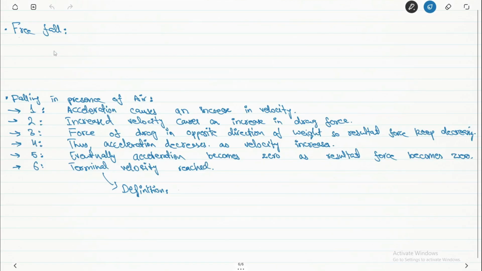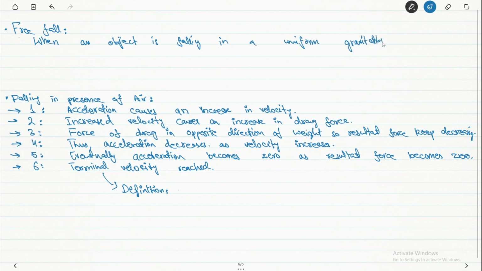Now, the concept of free fall, when an object is falling in a uniform gravitational field, right?